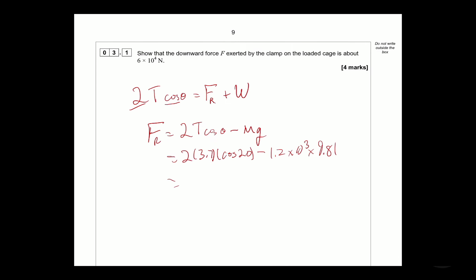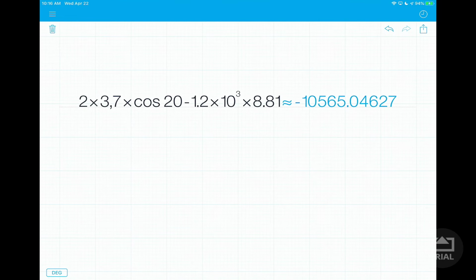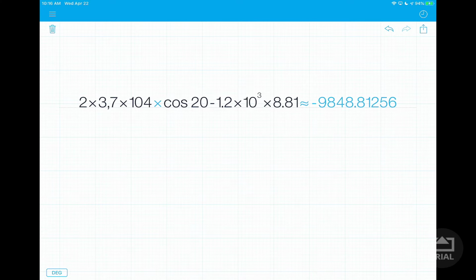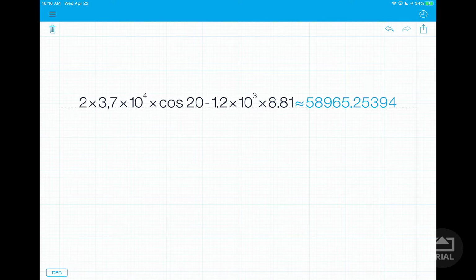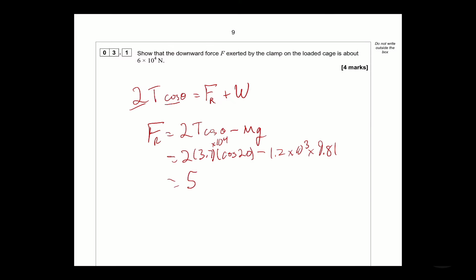So don't make the blunder that I made. There we go, which is equal to 5.9 times 10 to the 4, which approximately equals 6 times 10 to the 4.